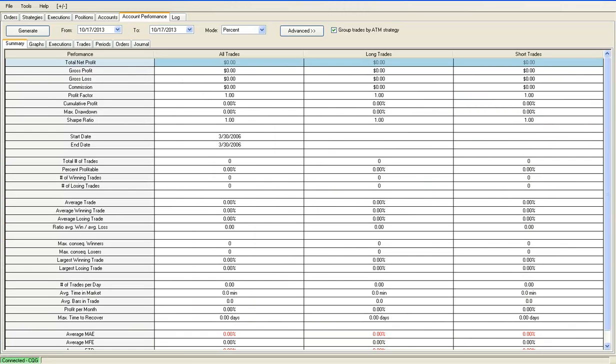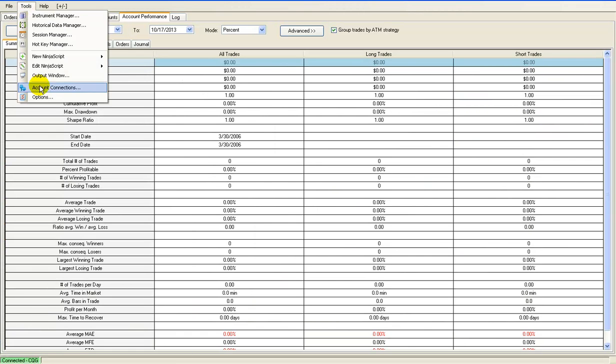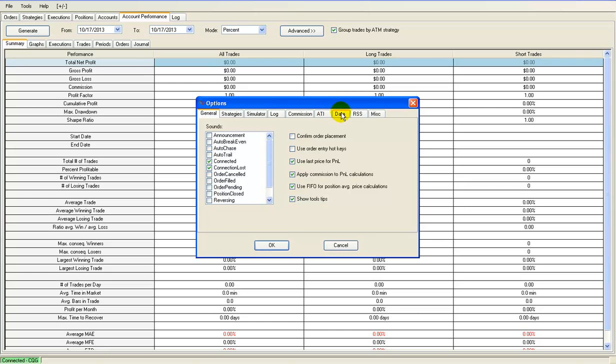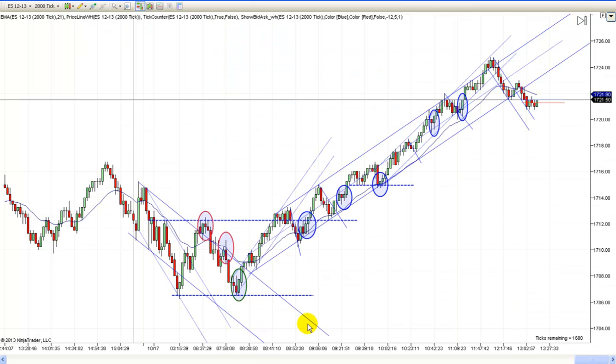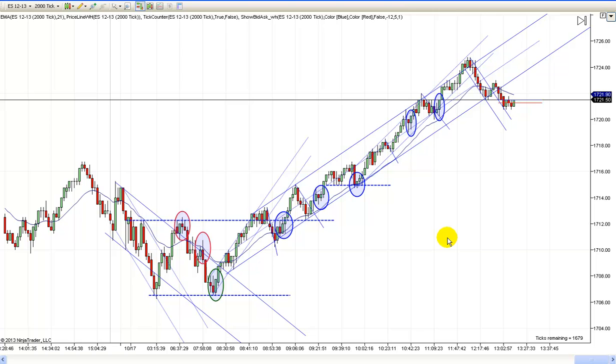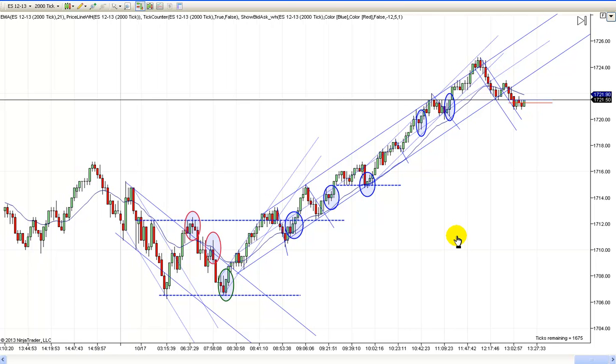So go to your tools, options, and look under data and make sure you're not filtering your ticks. Just leave that blank. And after they unchecked that and saved it, they said their data looks almost exactly like mine. So double check that you're not filtering your data, and that'll probably help as well.